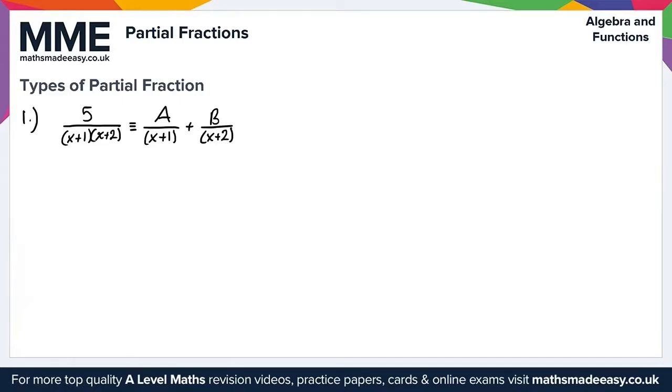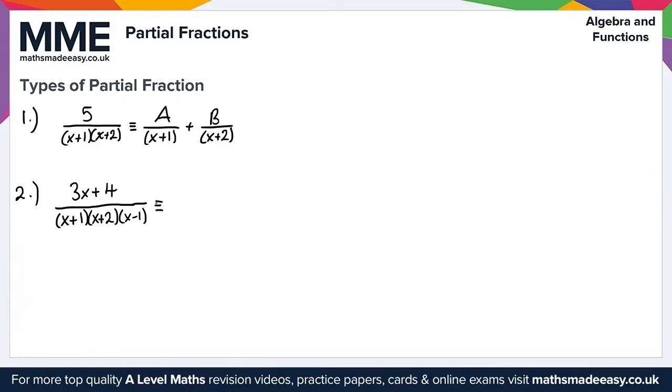The next type of partial fraction we can have is a fraction with three linear terms. So for example here, we might have something like 3x plus 4 all over x plus 1 times x plus 2 and finally times by x minus 1.